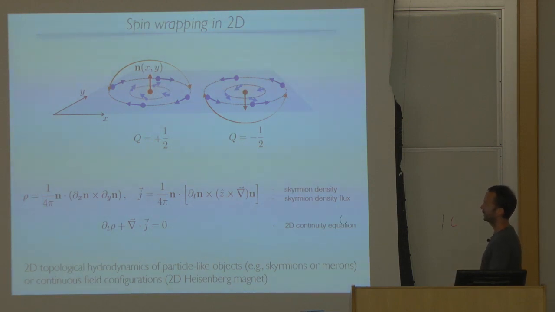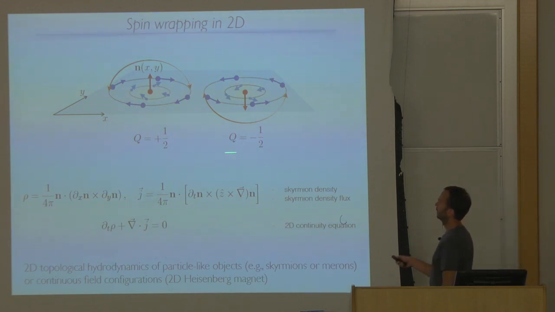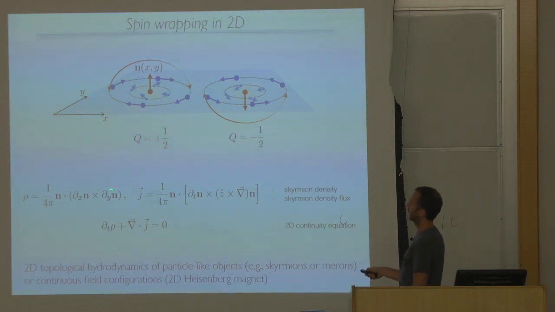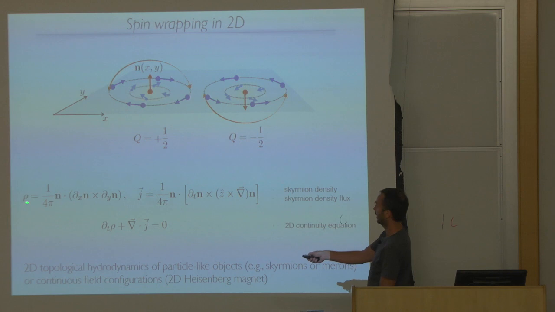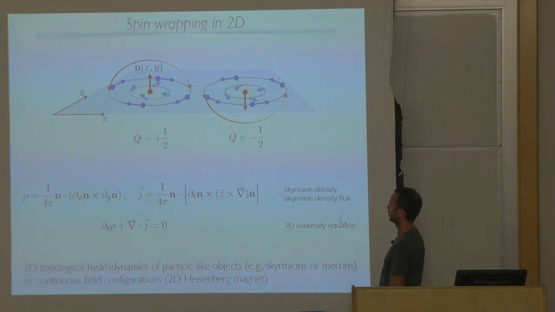So n is a unit vector that is a function of x and y and also a function of time. So a dynamic two-dimensional spin texture. J is the appropriate flux. Okay, the exact form doesn't matter. I just wanted to put it down to show that I can actually write it down explicitly, such that rho and j, again, obey the continuity equation.